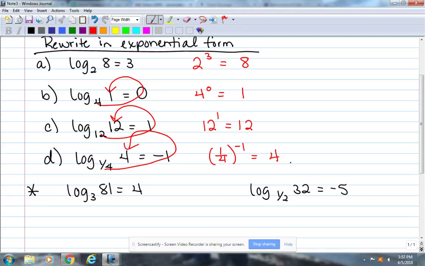You just rewrite. That's all you're doing. And when you rewrite it, you get a true statement.